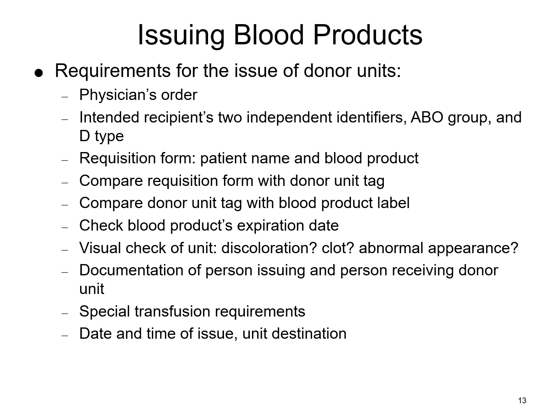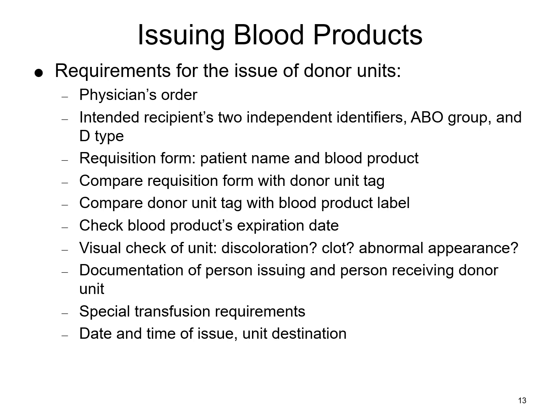You could have a variety of things set up on the patient, so you have to know what they're wanting to give that patient at that time. You have to compare that requisition with that actual tag that you've placed on the donor unit, and you're comparing that tag on the actual unit with the product label.